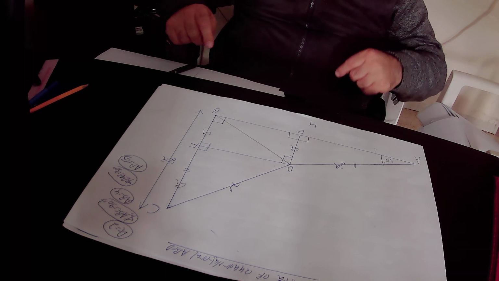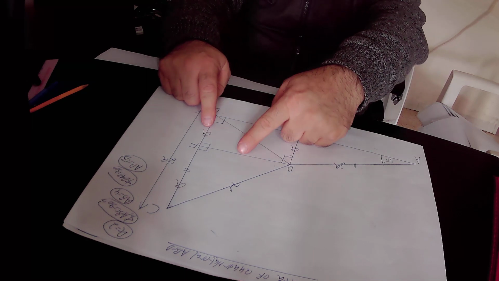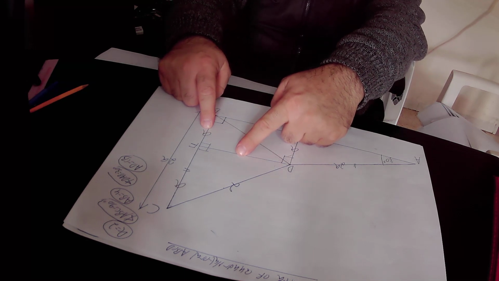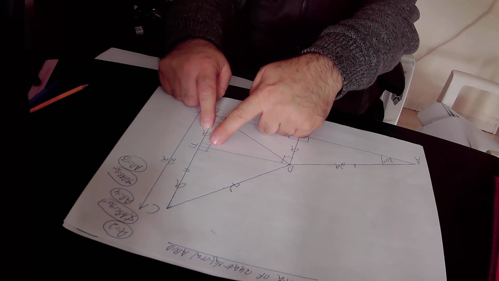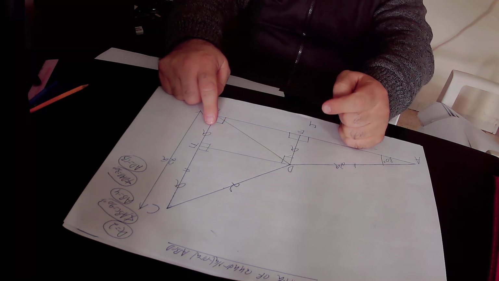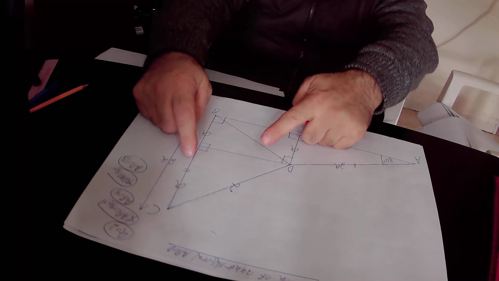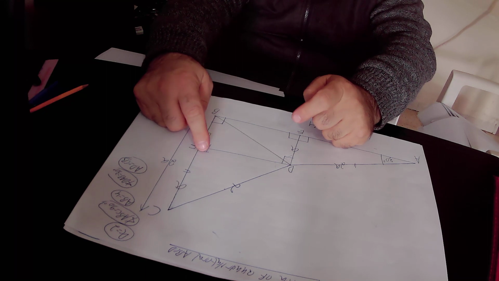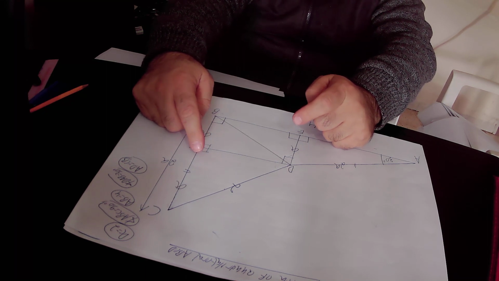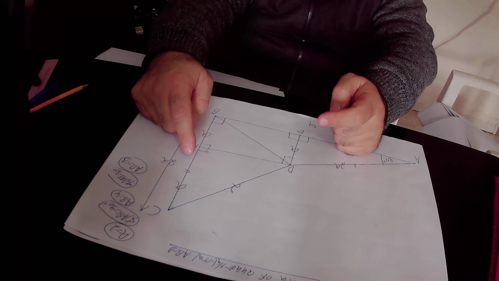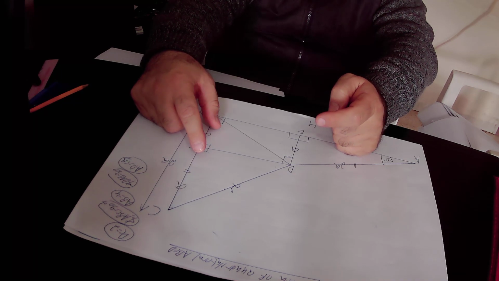We actually proved that those two sides and the angle between them in triangle DFB are equal to those two sides and the angle between them in triangle DFC. Therefore we proved that those two triangles are congruent according to the side angle side rule.